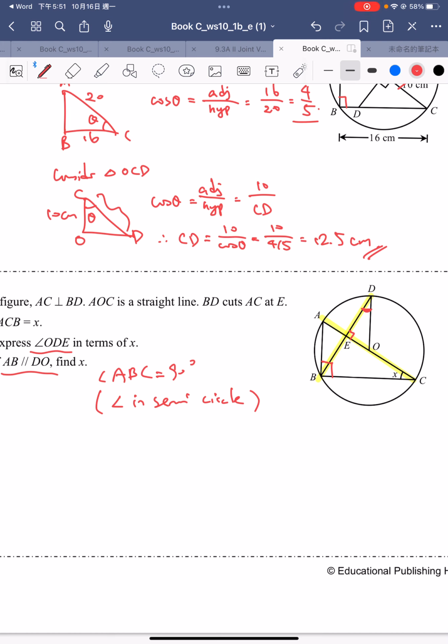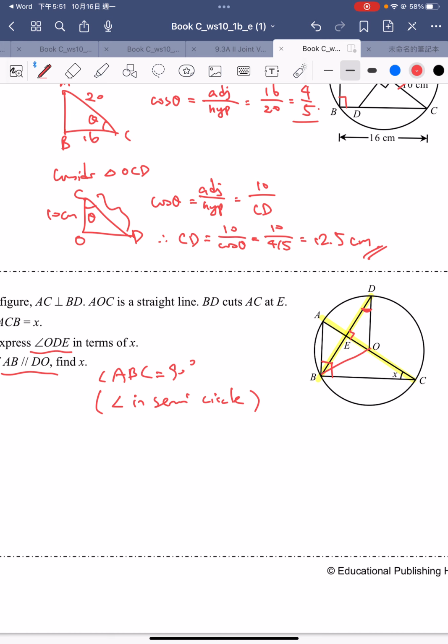After that, is there anything that you can realize? For example, OD is the radius, and so is OA. If you connect O and B, that's a radius as well.